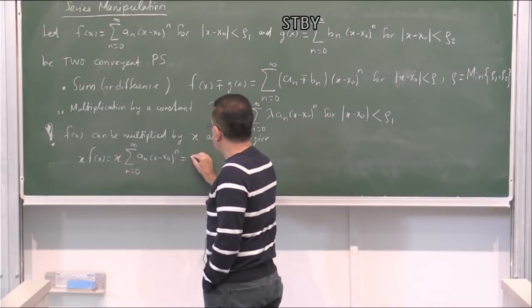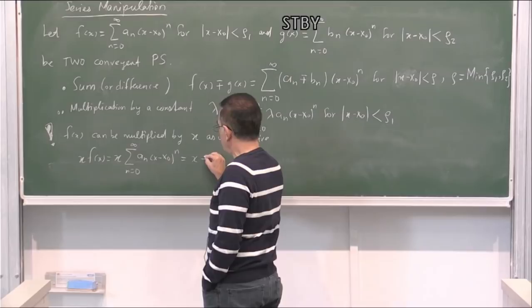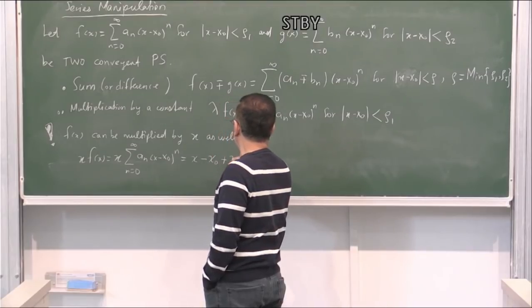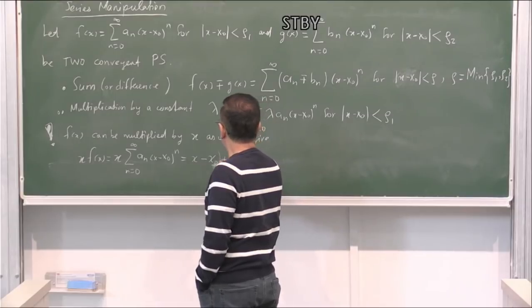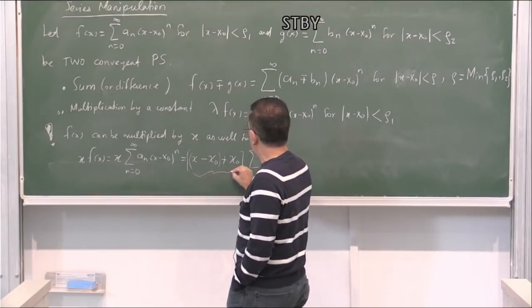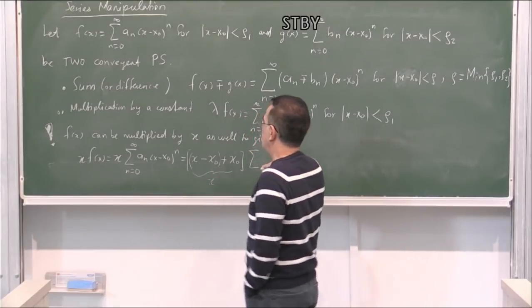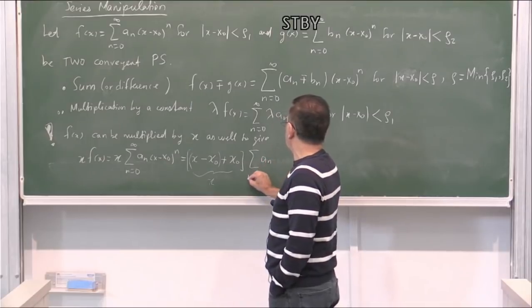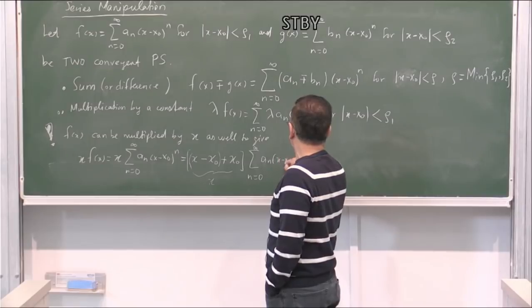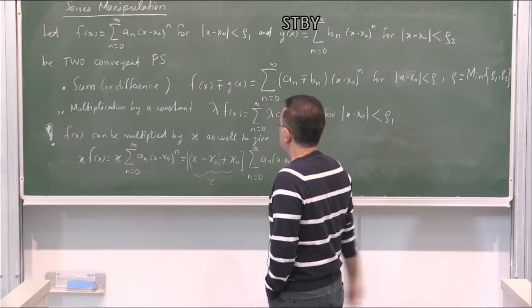So writing x as x minus x0 plus x0. Good. And look at that, this is still x. So the sum of an from 0 to infinity, x minus x0 to power n.